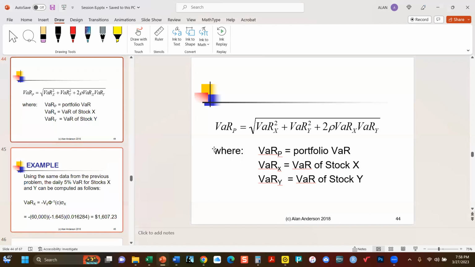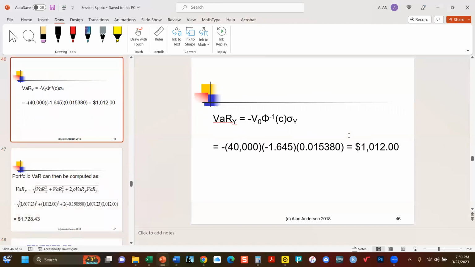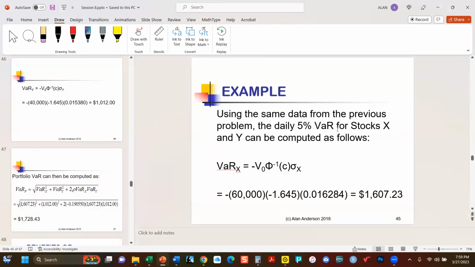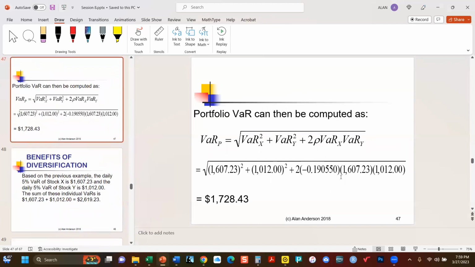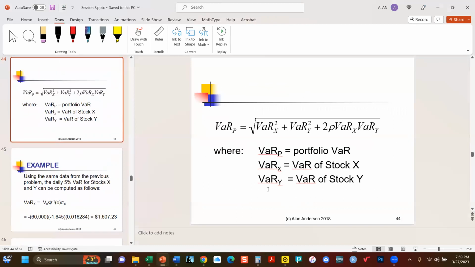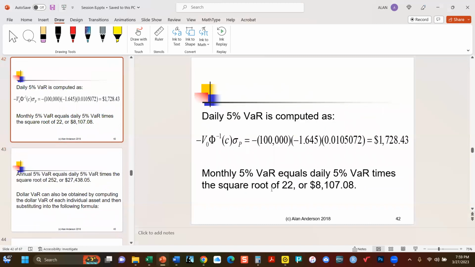So like here, what I did was I showed you that the first stock has a daily VAR of about 1607, by itself, just the first stock only. You see there's a standard deviation of X. And then for Y, about 1012. And this is the standard deviation of Y. And then when you plug all these in, you're going to get the same thing that we got, 1728.43, on a daily basis, I mean.